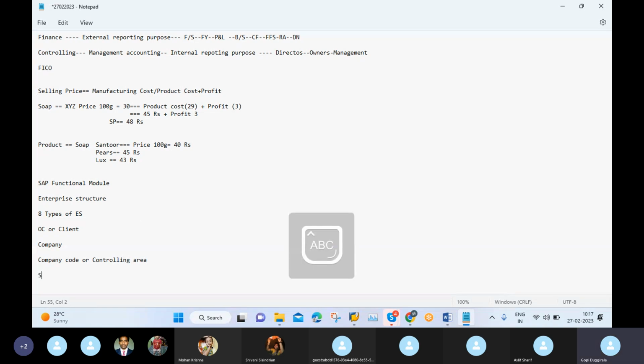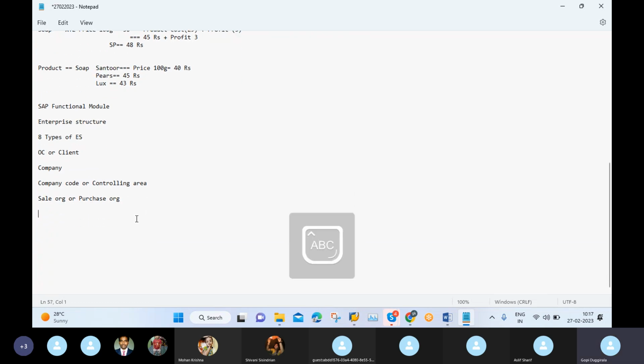The next thing is sales organizations or purchase organizations. Within that sales organization, we have sales, sorry, sales division. When it comes to purchase organization, we have plants. So likewise, we have the complete organizational structure.